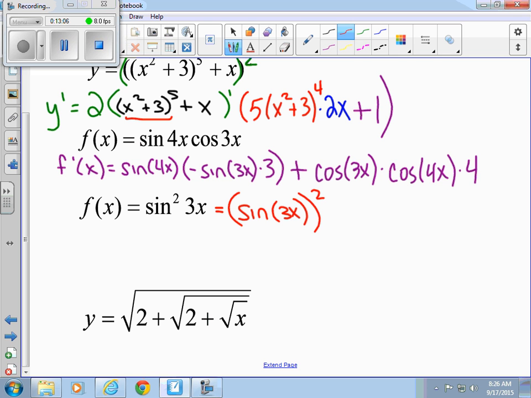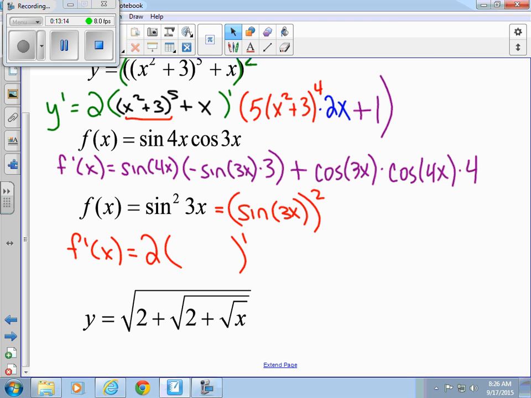So the derivative of the outsidemost function is 2 to the first power. Now we're going to leave the inside completely alone. Then I'm going to move into the derivative of the inside. And what is the derivative of sine of 3x?